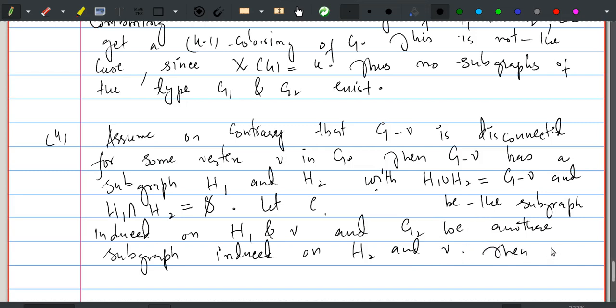Then G is actually the union of G1 and G2.